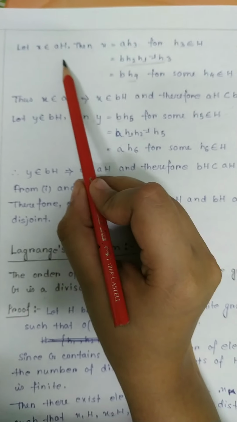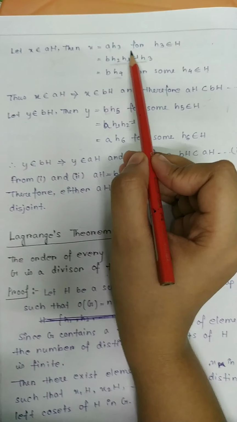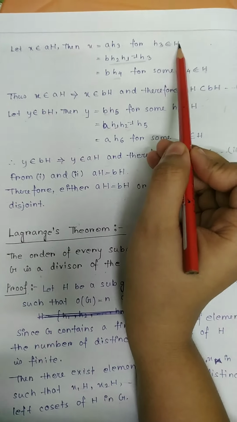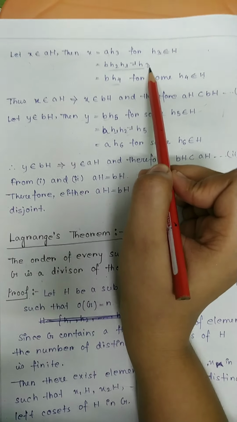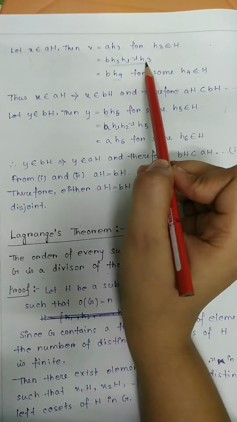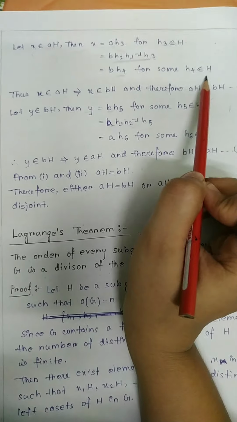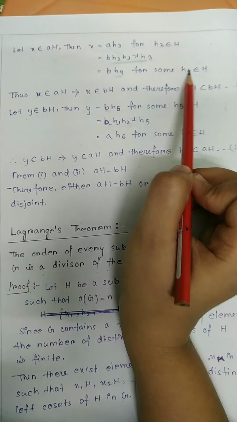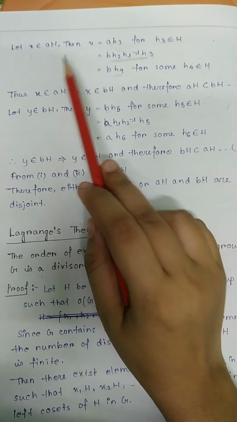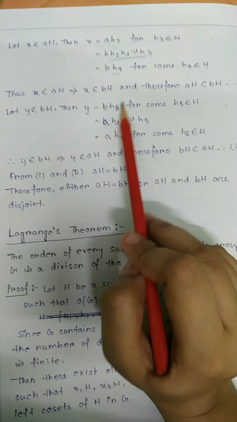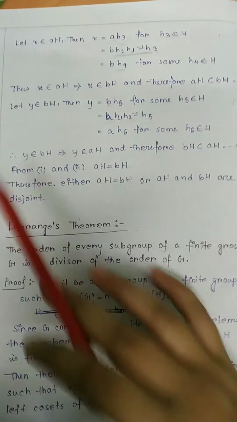Let x belong to aH. Then x equals ah3 for some h3 belonging to H. So x equals bh2 h1 inverse h3, and the product of these elements of H is some h4 belonging to H. So x equals bh4 for some h4 belonging to H. Then x belongs to bH, and therefore aH is a subset of bH. Let y belong to bH.